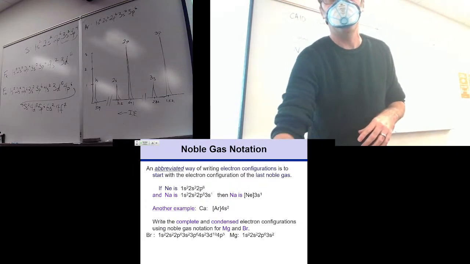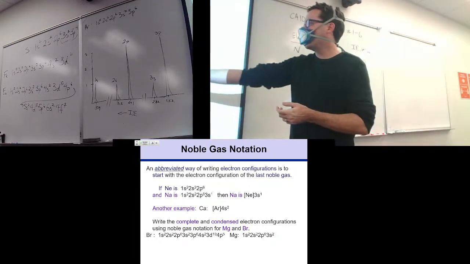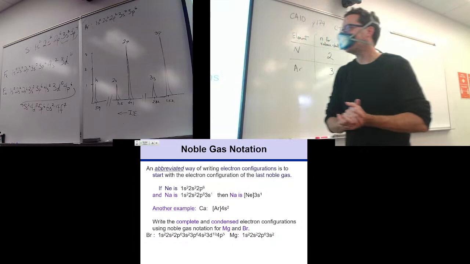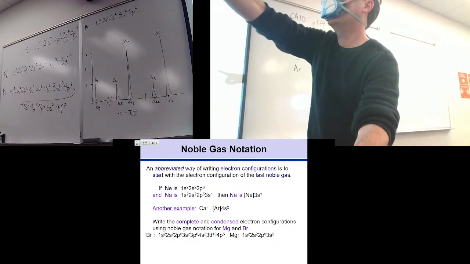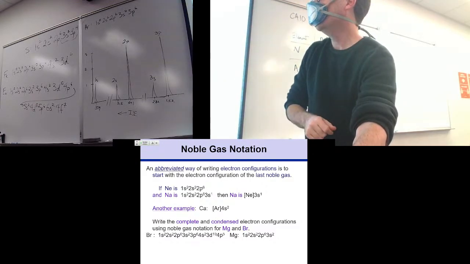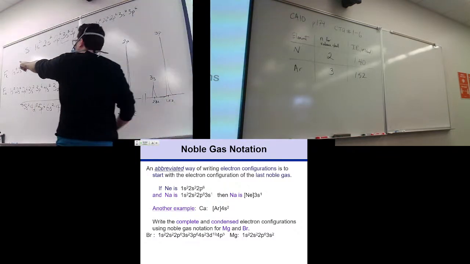So you have to do electron configuration for magnesium and bromine. Here's the original. The noble gas version would be, for magnesium, right before is neon. So we swap out, wait a second, that's bromine, excuse me. For bromine, the one before is argon.